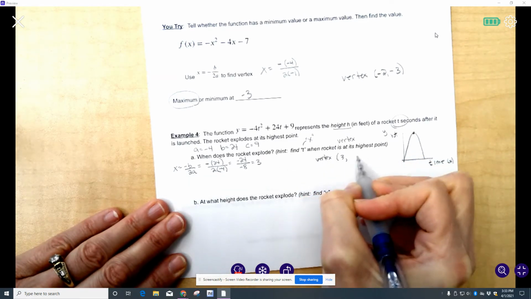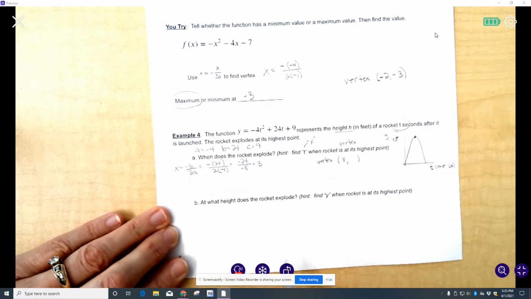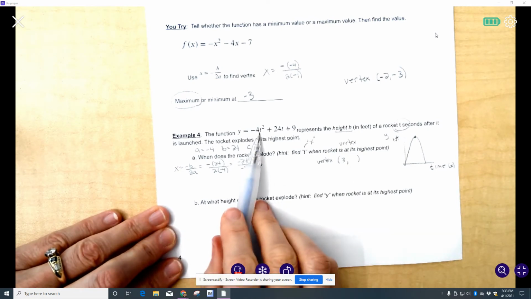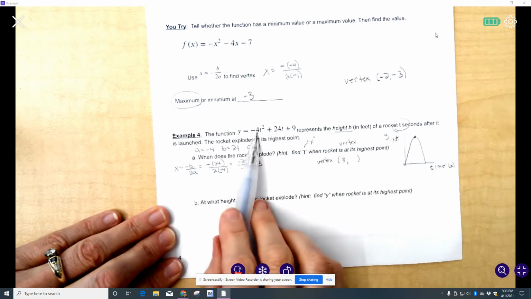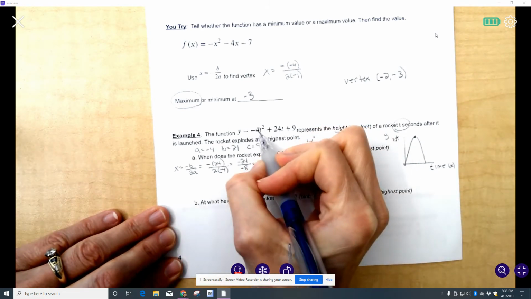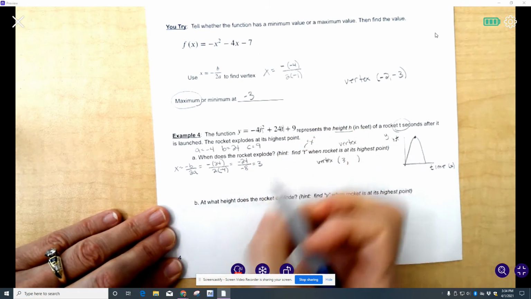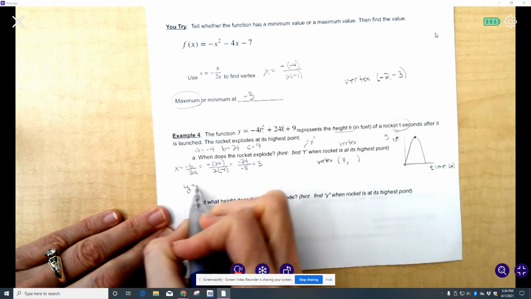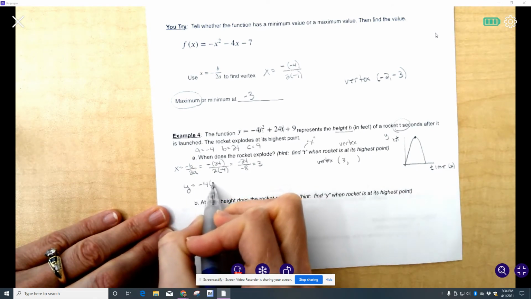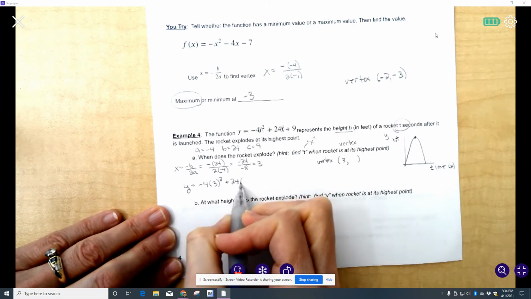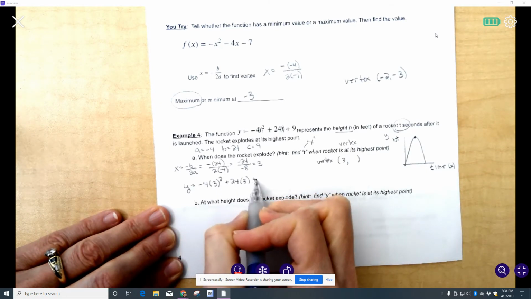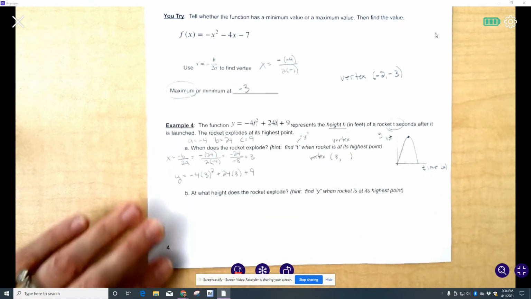To find what y equals when time, or x, is 3, I'm going to substitute 3 into my original equation. So y is going to equal -4 times 3 in parentheses squared, plus 24 times 3 plus 9.